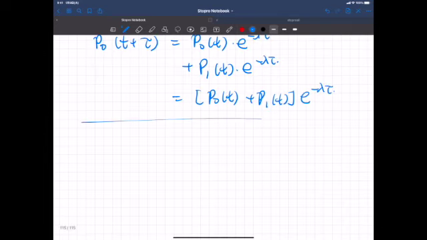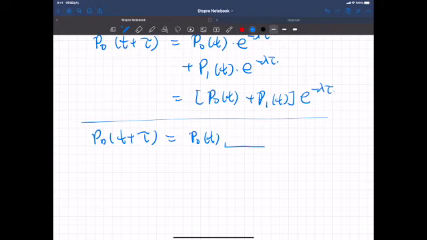So, the next question is, in general, if there are n customers at time t plus tau, what would have been the cases at time t? So there could be 0 customers at time t, and n customers arrive during tau.